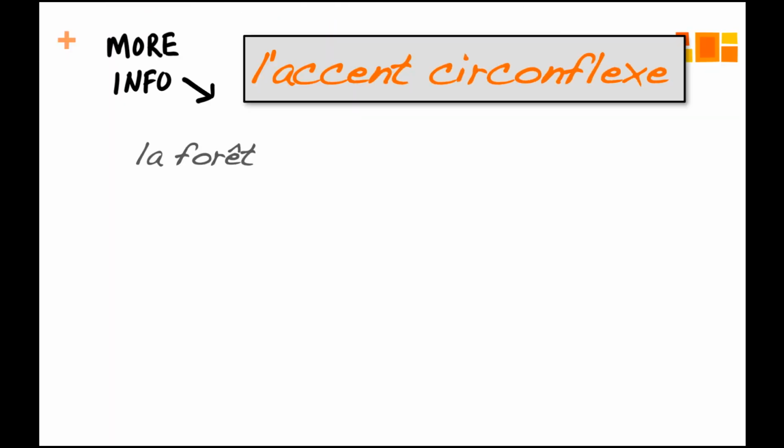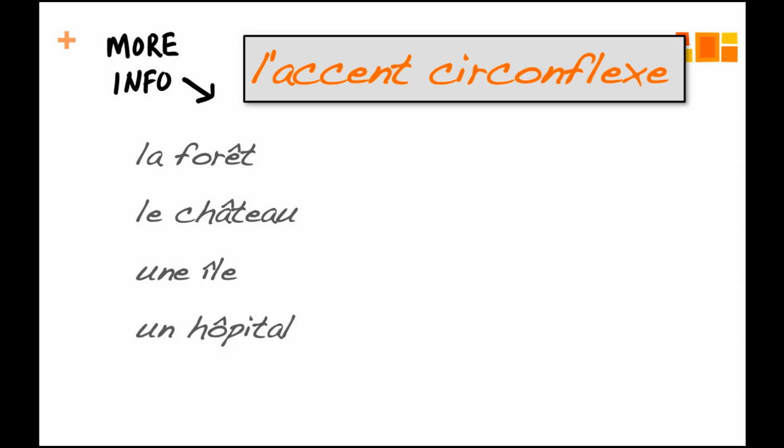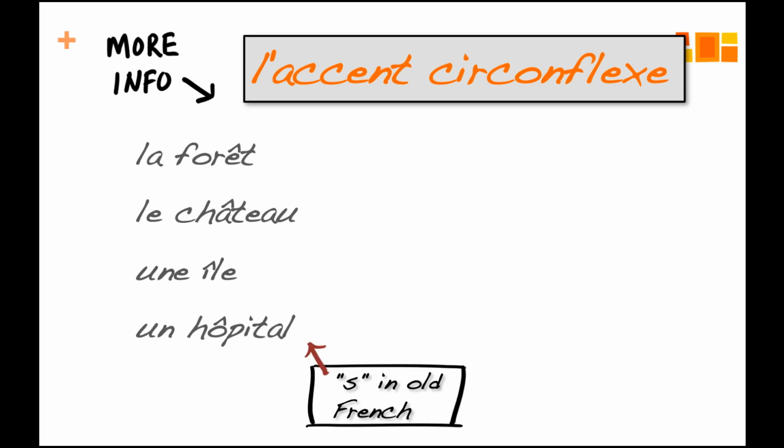Let's have a look at a couple of words in French that have the accent circumflex. It's la forêt, le château, une île, or un hôpital. And if you look close enough, you find that these words look almost like the English words, which of course has a reason. In Old French, the accent circumflex wasn't there.